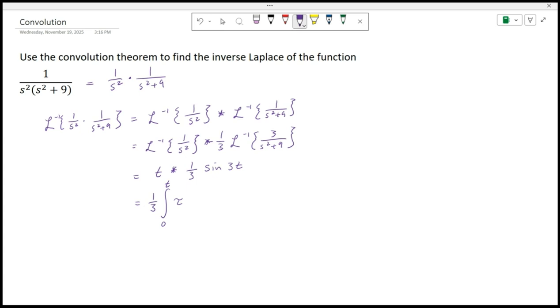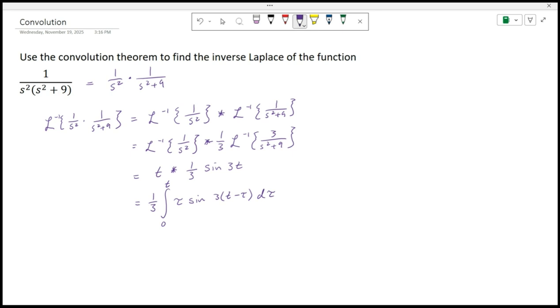I'm not Greek, so I'll go with toe, but I'm still getting used to it. So tau times sine of 3 times t minus tau, and we're integrating this with respect to tau. Okay, so there is the definition of a convolution. And now I need to evaluate this thing.